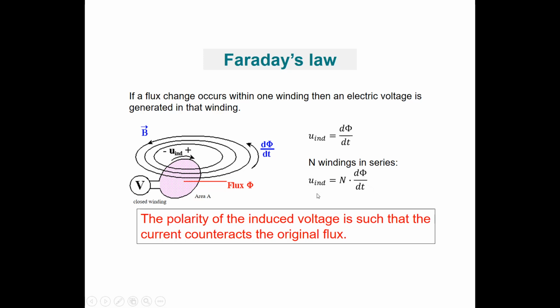This induced voltage is known as the back EMF voltage. EMF is the abbreviation for electromotive force, but it is a voltage. So remember that due to the Lorentz force, the motor starts running, windings start to rotate, and an induction voltage is induced in these windings, which is called the back EMF voltage.